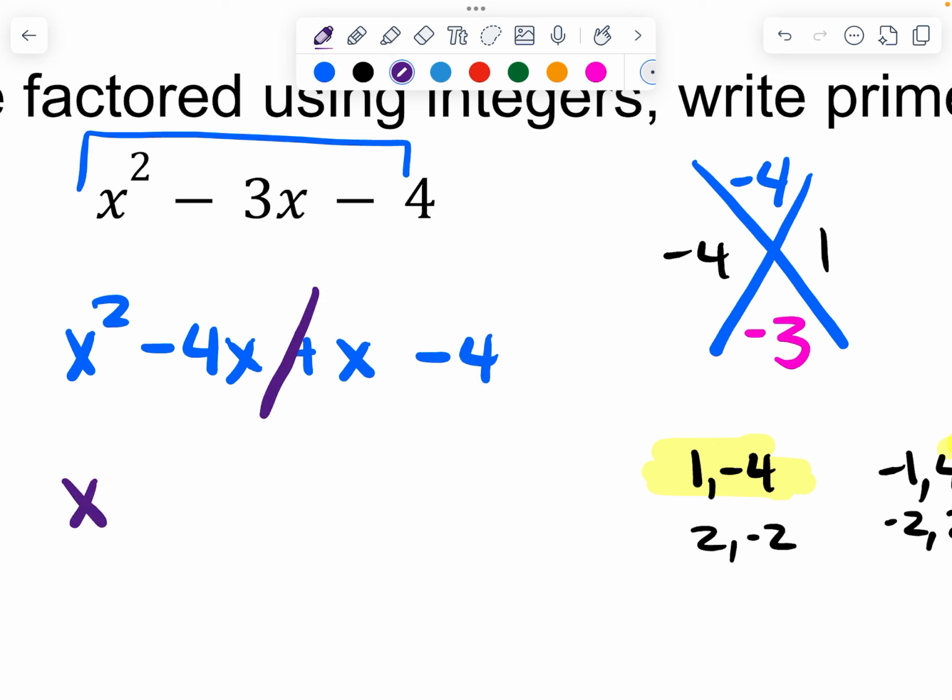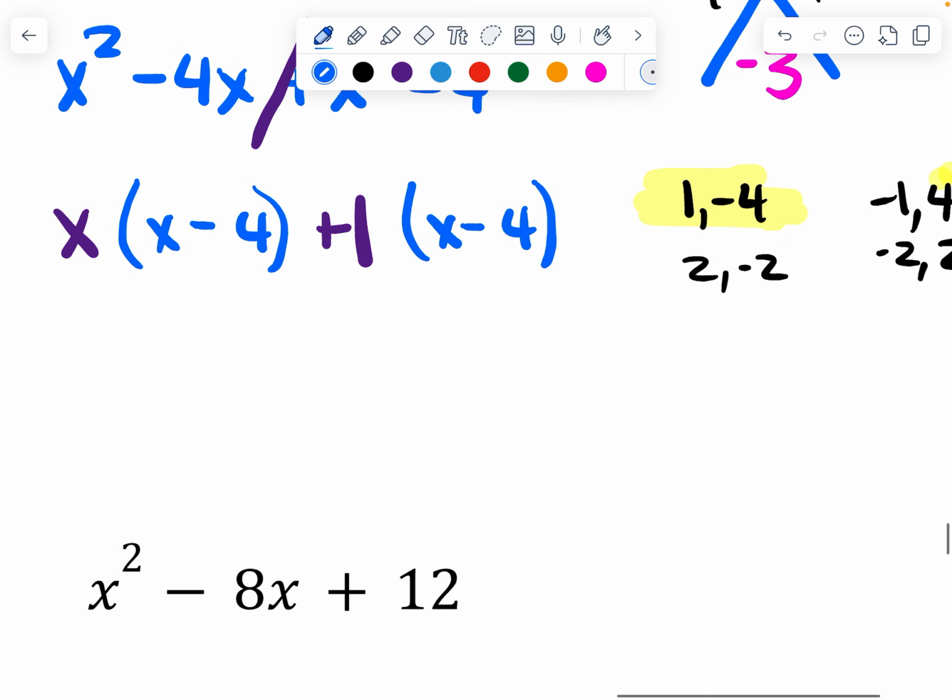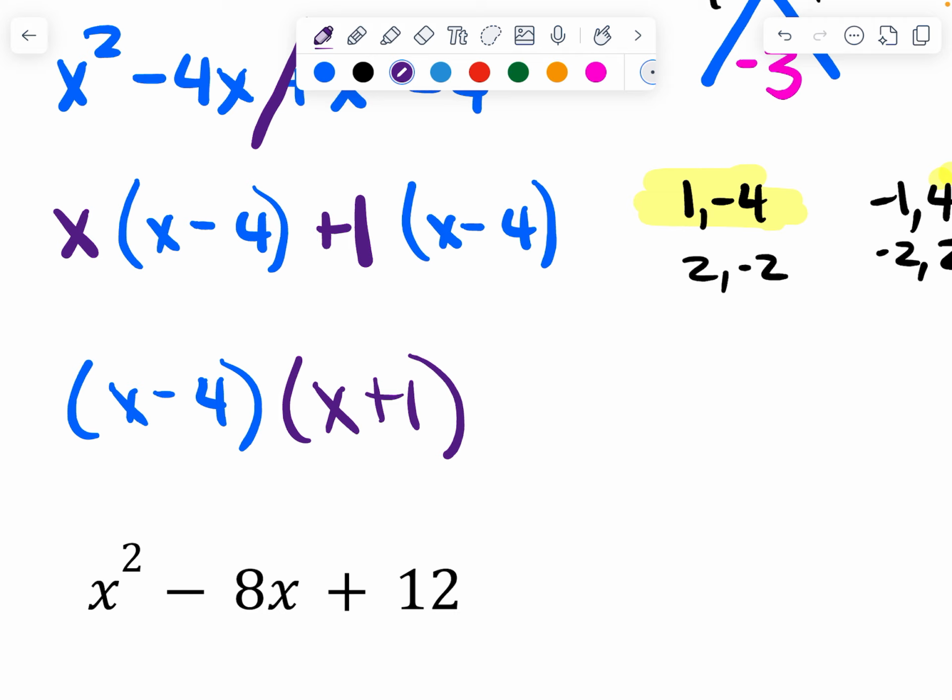Take out an x, and I'm left with x minus 4. Now, what am I taking out? What's the only thing that they have in common? They have a common 1. 1 is the only thing that they have in common, so x minus 4. So they have an x minus 4, and we have an x plus 1.